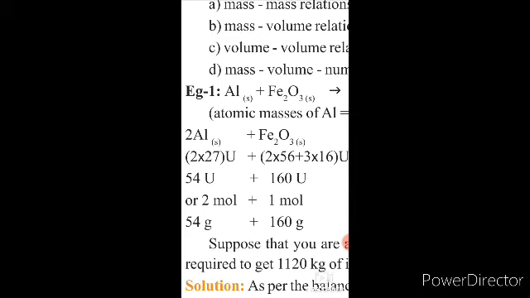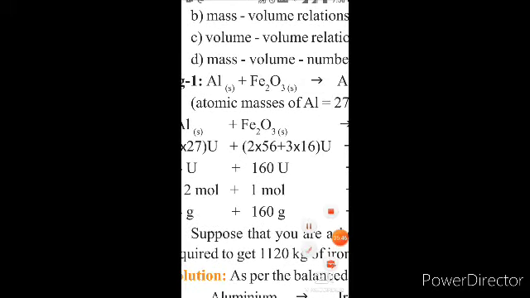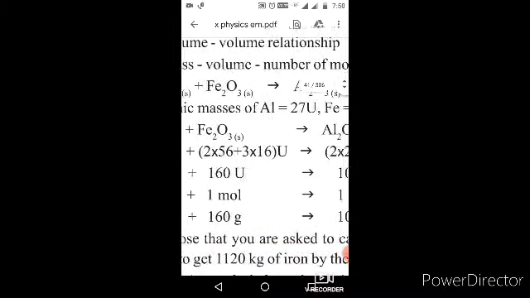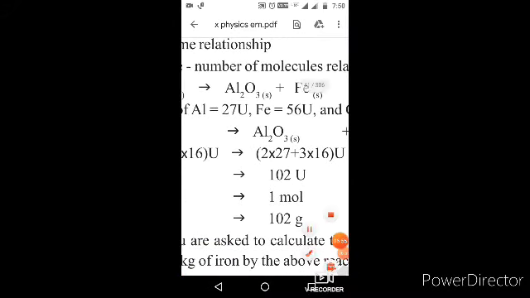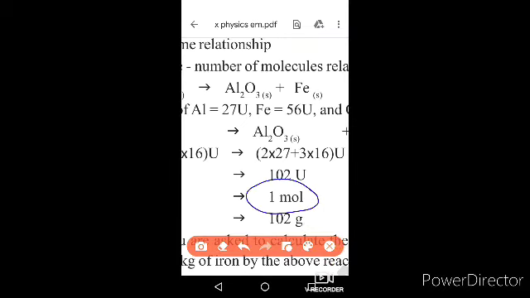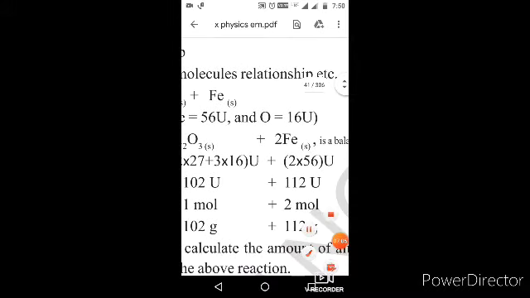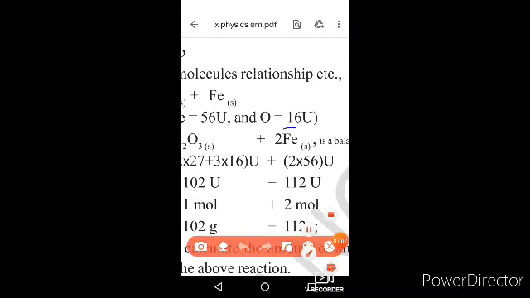Next Al2O3, 1 only, so 1 mole. Next 2 Fe, so 2 moles. Whatever number is before the formula, you should write that many moles: 2 moles or 3 moles or 4 moles or 5 moles, like that.